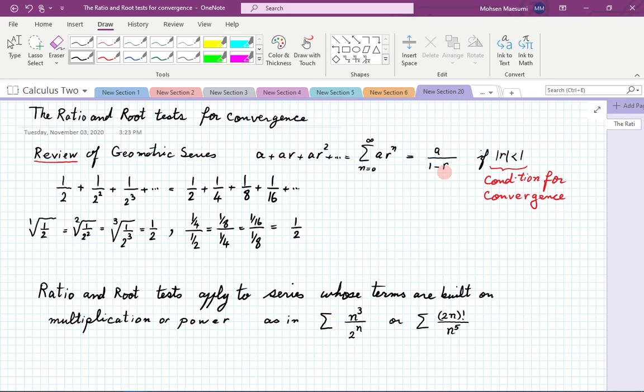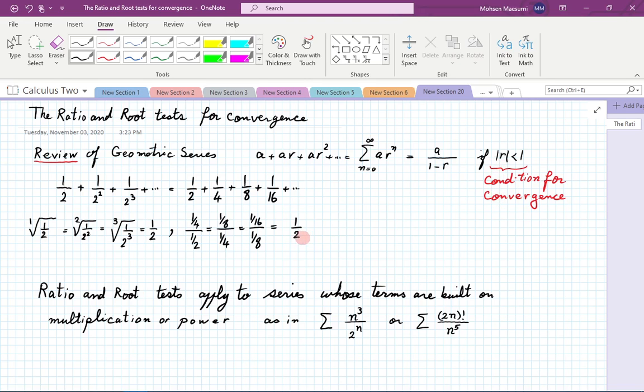Now the ratio and root tests are based on a similar idea: if I take a ratio of two consecutive terms of a series, or if I take the nth root of the nth term of the series, and the resulting number is staying below 1, then my series is going to be converging.